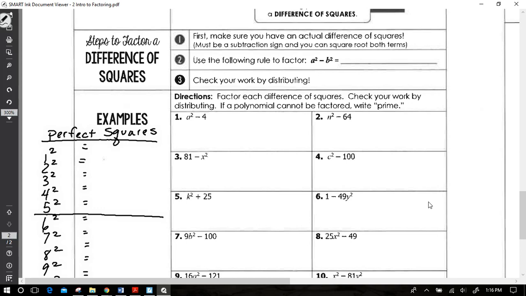So what is a difference of squares? A difference of squares is a binomial. It has to have two terms only.